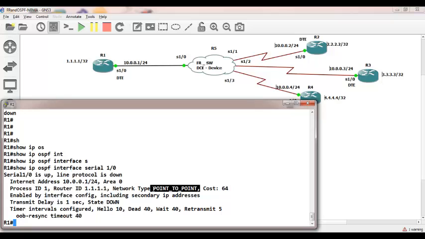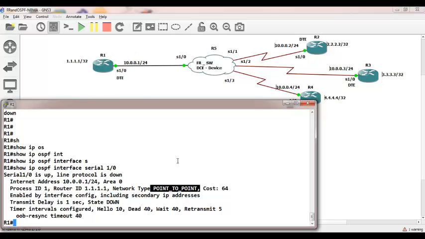No. It shows the point-to-point type. Because according to this router, frame relay is still not configured. So it doesn't know that we have a frame relay environment. It simply thinks that we have a normal point-to-point serial link between two routers. But it is not between two routers, it is between router 1 and a frame relay switch.